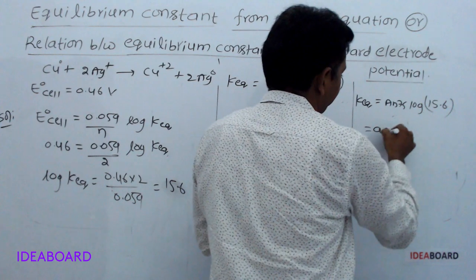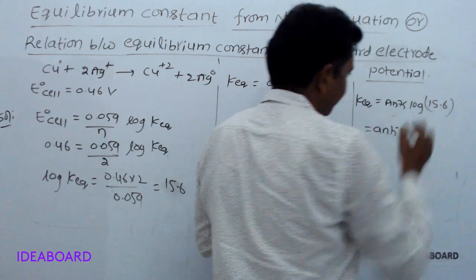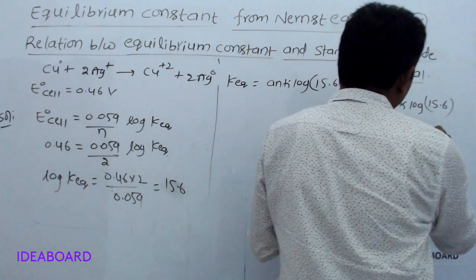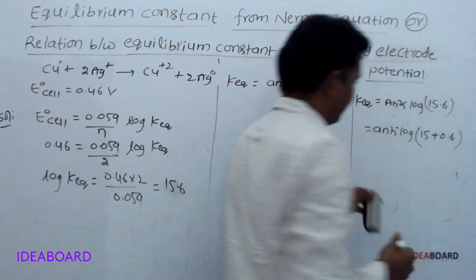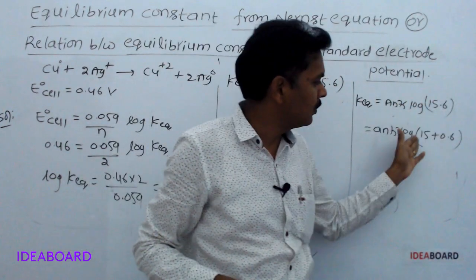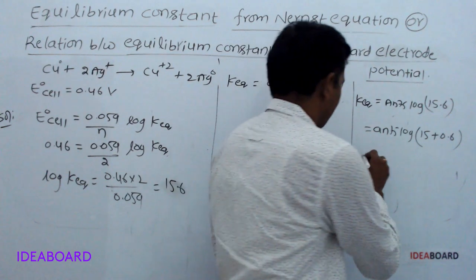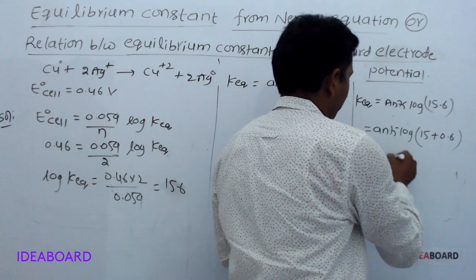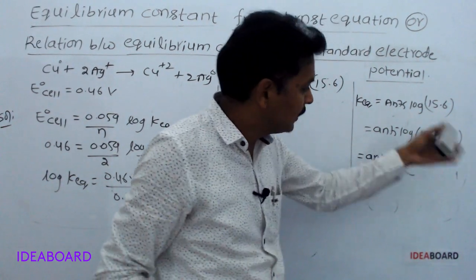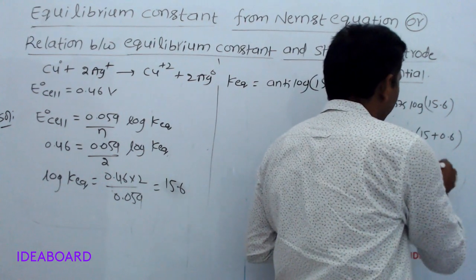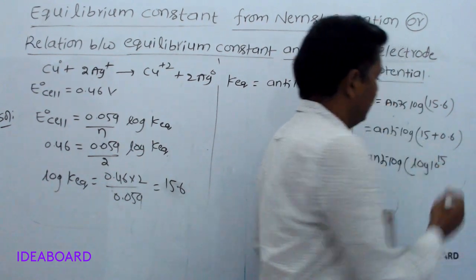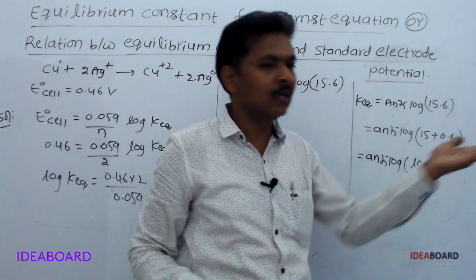I am writing it like this: antilog of 15 plus 0.6. Instead of 15.6 I wrote 15 plus 0.6. Instead of this 15, I am writing log 10 power 15. Log 10 power 15 value is 15.